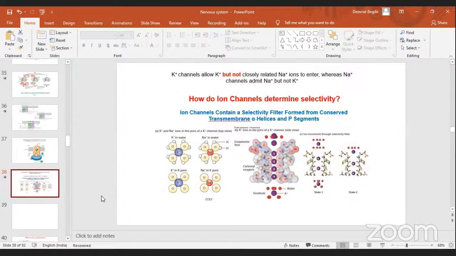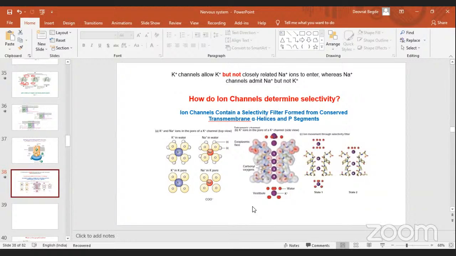But the mechanism used by the selectivity filter of these channels, which we understood, is based upon the hydration shell around the sodium and potassium ions. Because sodium ions are smaller, they require fewer water molecules to hydrate, and because potassium ions are bigger, they require more water molecules to hydrate.